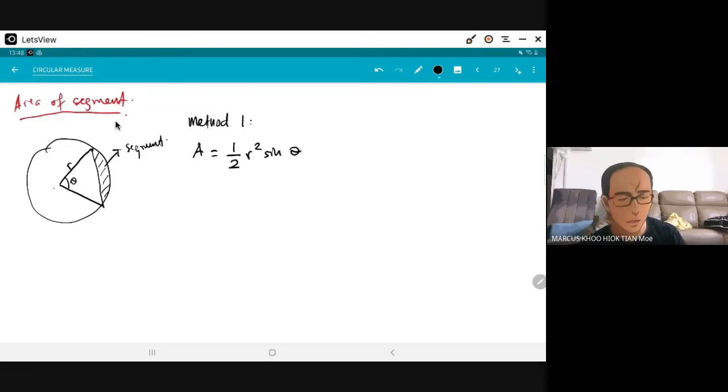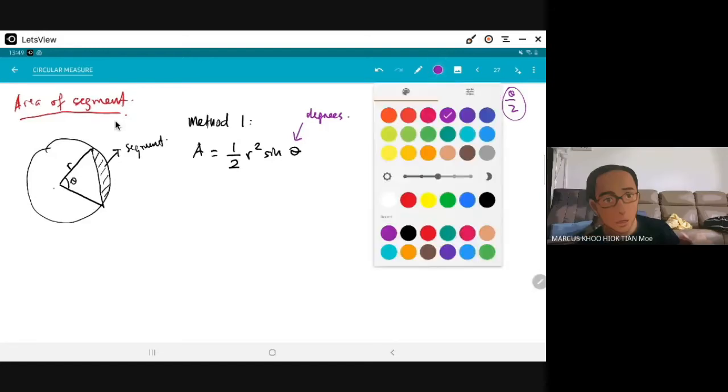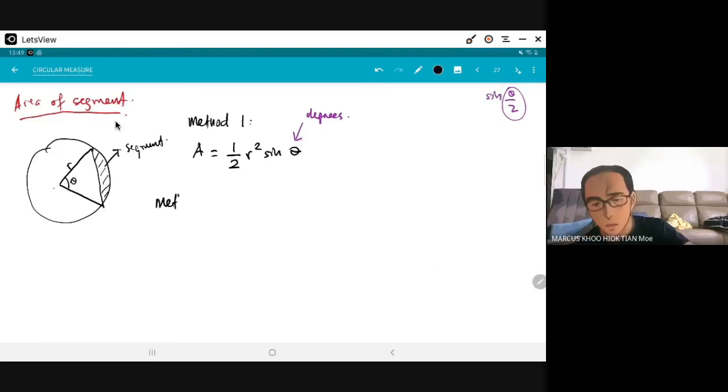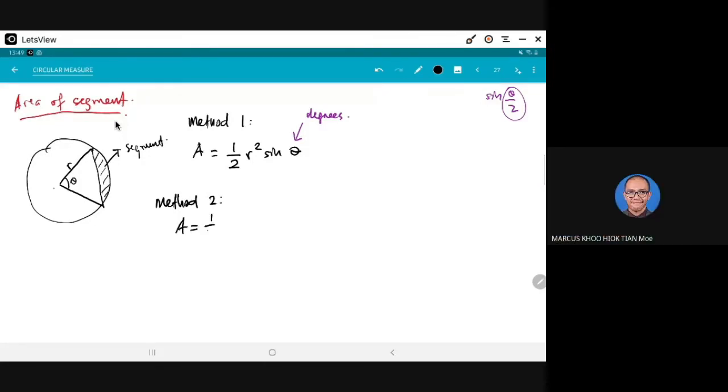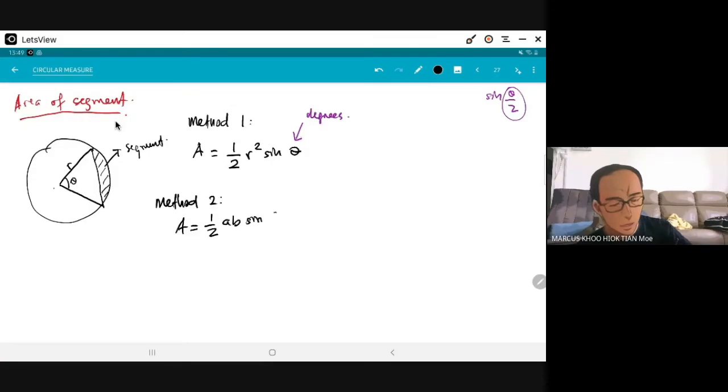But this theta must be in degrees, just like our first method for counting the length of the chord, the sine theta over 2 which we studied previously, this theta over 2 must be in degrees. So that's method number 1. The second method, which is the method that I prefer, is to use A equals to 1 over 2 AB sin C which we learned before.